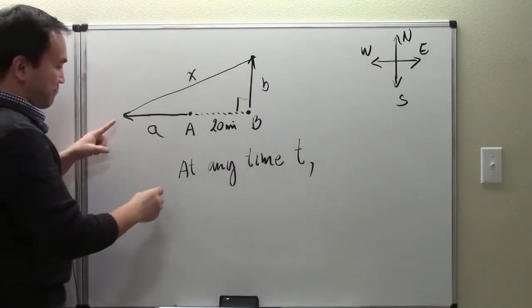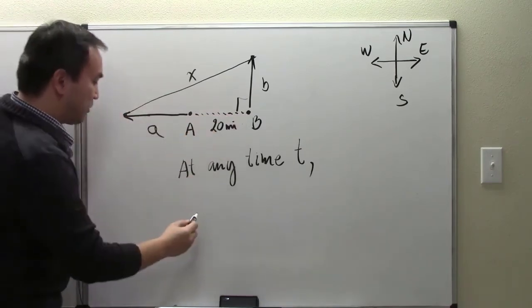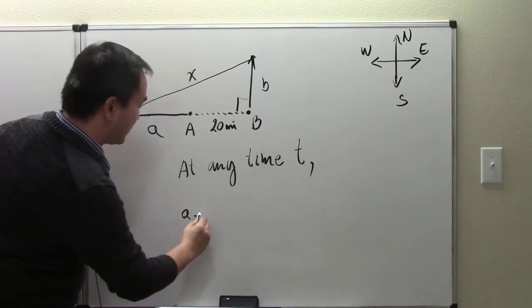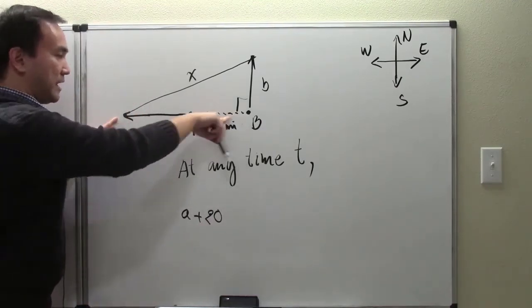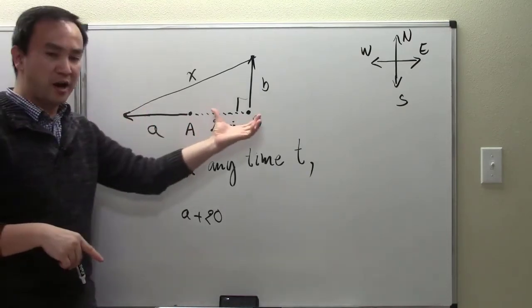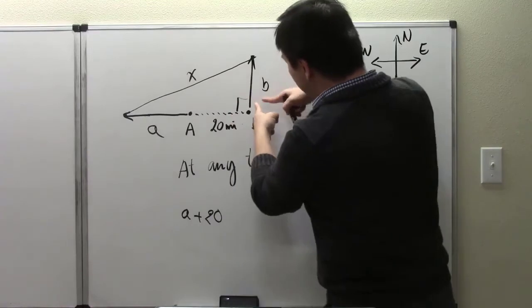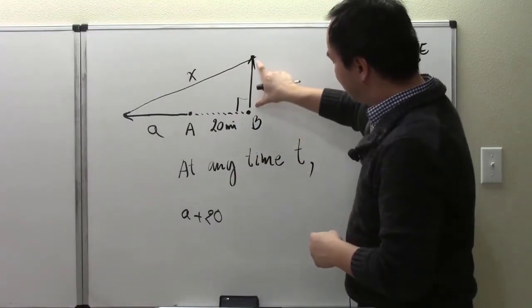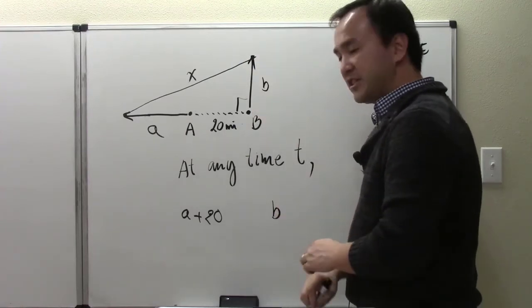This length of my triangle is not simply a, but it's actually a plus 20. That's the longer leg of my right triangle. And then the other edge, at any time t, ship B will produce the distance b as part of this triangle.